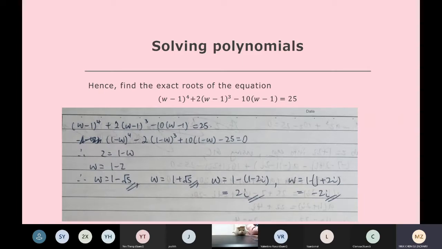I think this one should be quite easy to i power. Basically, you replace your z with 1 minus w. And then you rearrange the equation such that your 25 is now negative and on the left hand side of the equation. So z equals 1 minus w, and then you rearrange it to make w the subject. And then you just substitute all your values of z back inside to get all your answers.